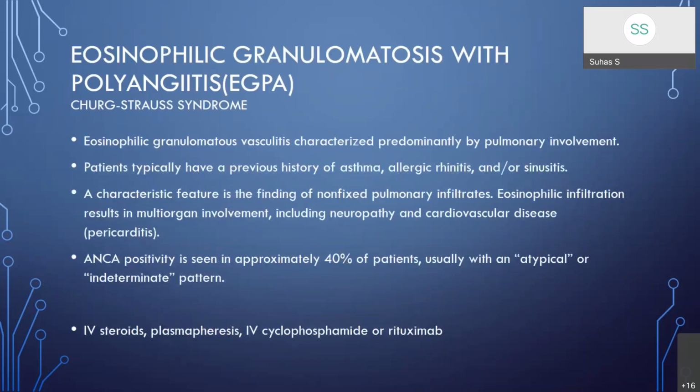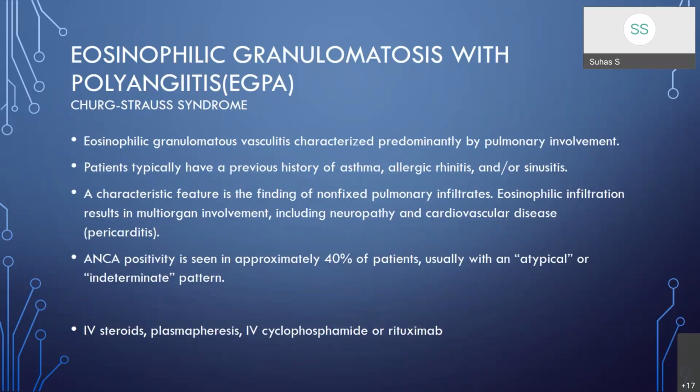The third variety is eosinophilic granulomatosis with polyangiitis. This is previously called Churg-Strauss syndrome. This has eosinophilic granulomatous vasculitis, and patients usually have a history of asthma, allergic rhinitis, or sinusitis. And this is characterized by non-fixed pulmonary infiltrates, and there is eosinophilic infiltration with multi-organ involvement.